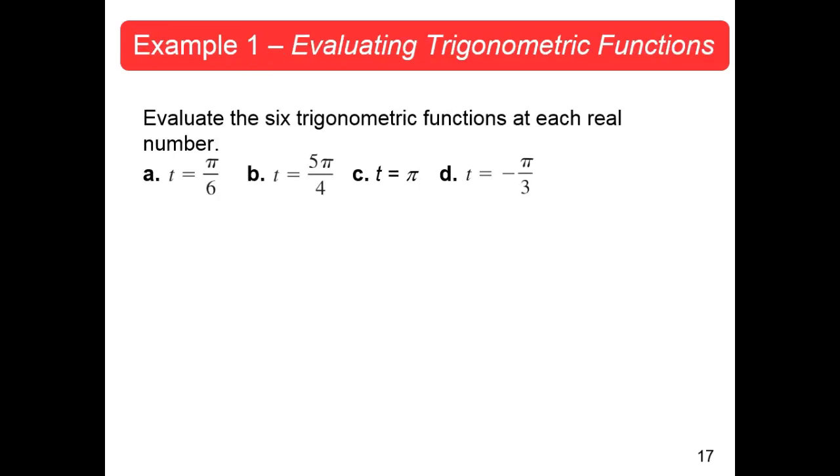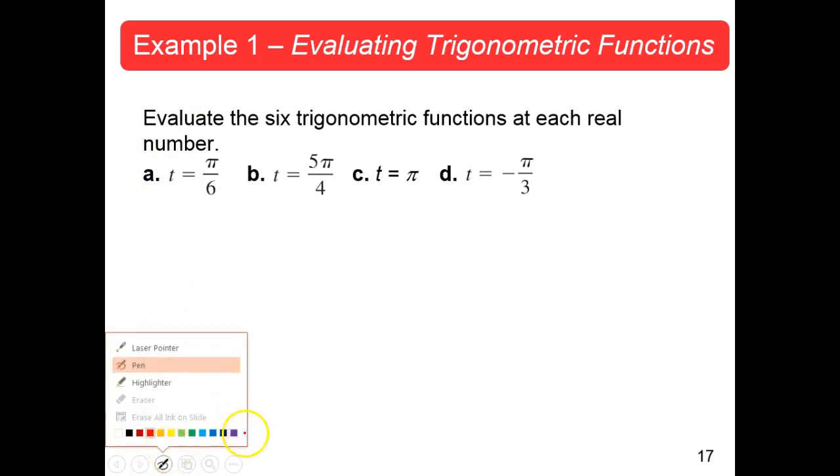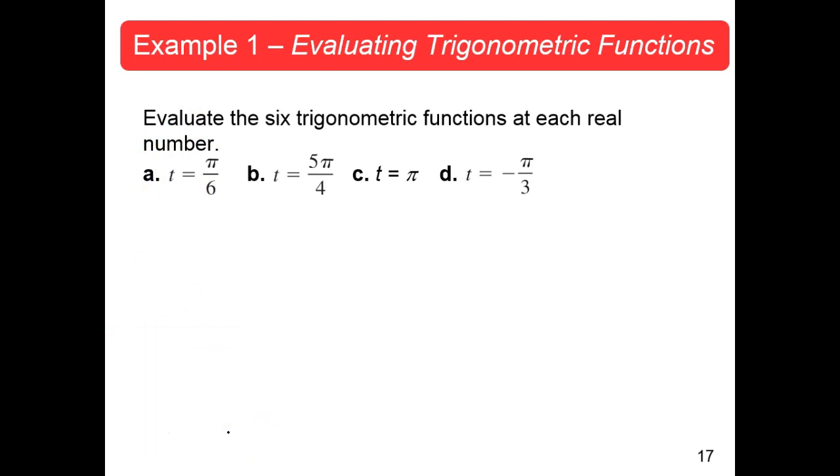Okay. So let's do it. We said we could. Evaluate the 6 trigonometric functions at each real number t equal pi/6. Let me get my pen activated here. So what's the sine of pi/6?